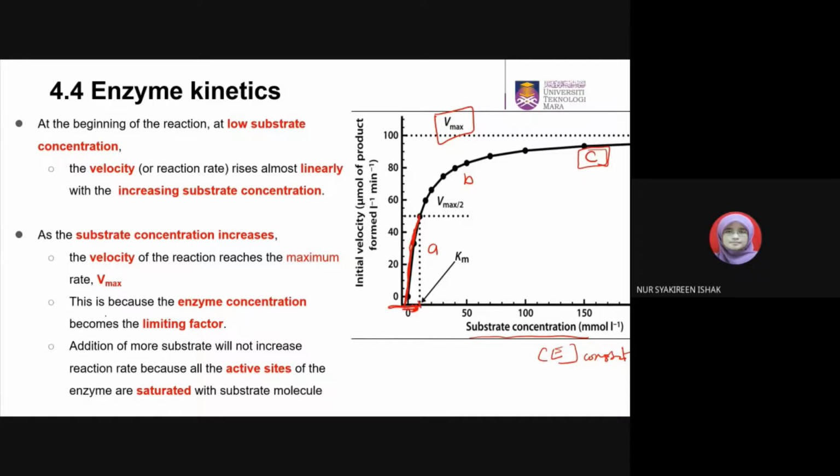This is because the enzyme concentration becomes the limiting factor. Adding more substrate will not increase the rate of reaction because all the active sites of the enzyme are saturated with substrate molecules. No use increasing the substrate when you have a fixed amount of enzyme. That's why you get a saturation plot.